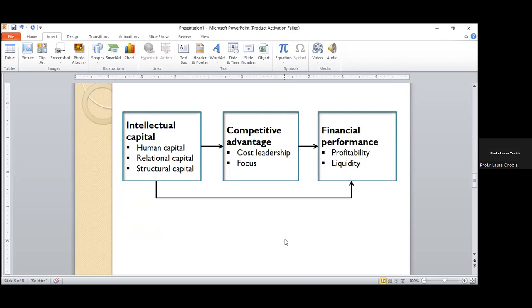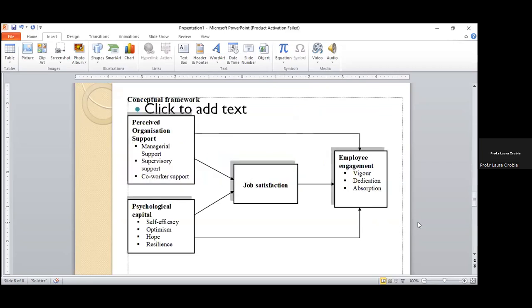And still, what do the arrows mean? The arrows mean the intention to test for the direct relationship and the indirect relationship. So when we look at your research objectives, we expect to see these appearing, the direct relationships and the indirect, okay?